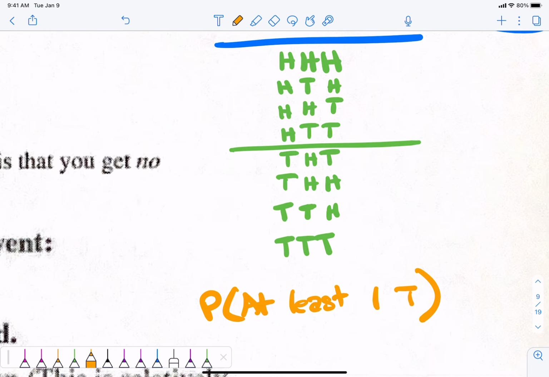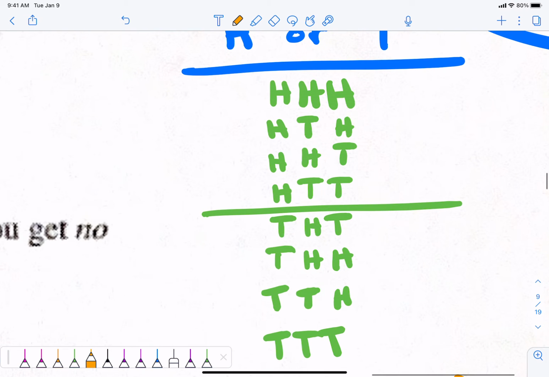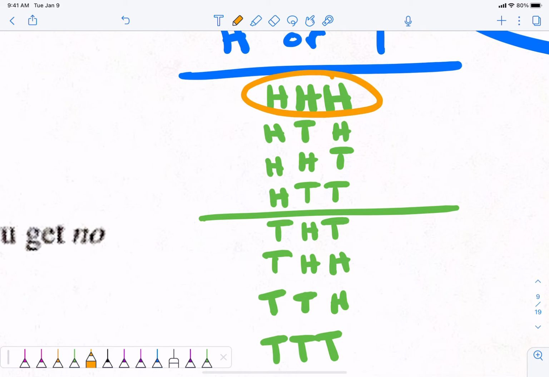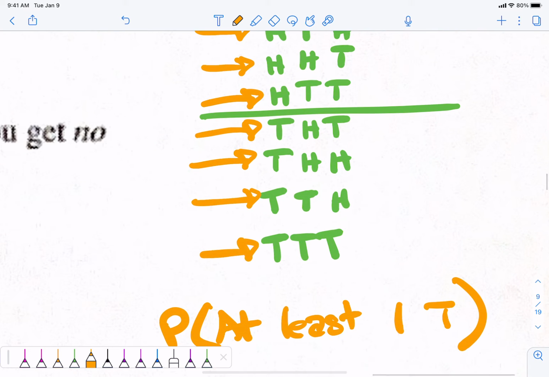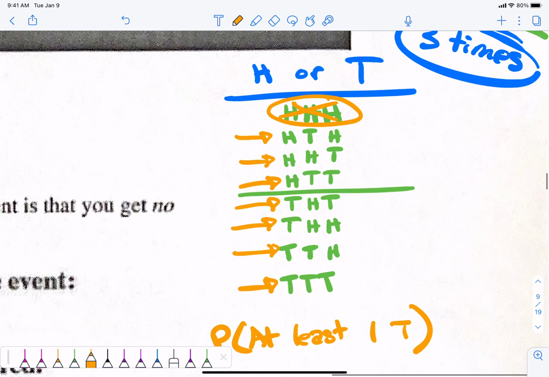Let's look at our combinations. Let's go to this top one right here. Is that at least one tail? No. What about this combination? Is this at least one tail? At least one tail. At least one tail. So every combination has at least one tail except the top one. Heads is the only way.